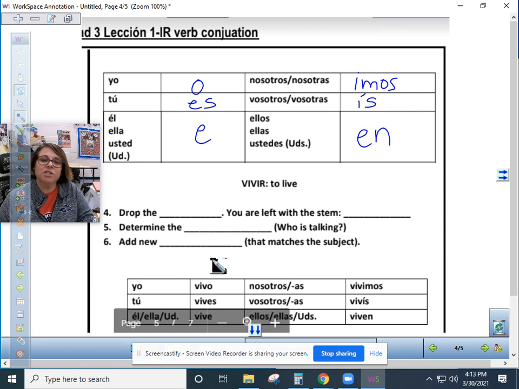Okay? So let's look at the verb vivir. So again, you're going to drop the ending. So the IR this time. You're left with the stem, VIV, because that's what's left after you drop the IR. Determine the subject, right? And add the new ending.